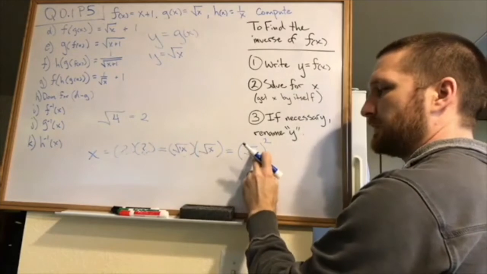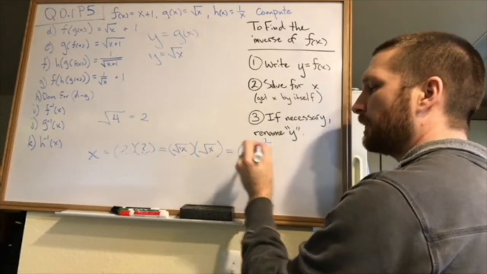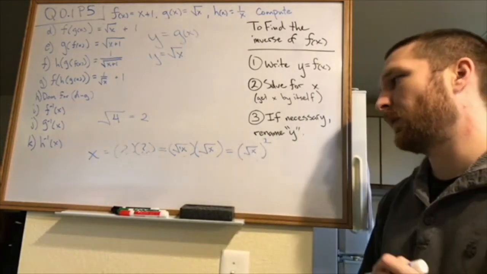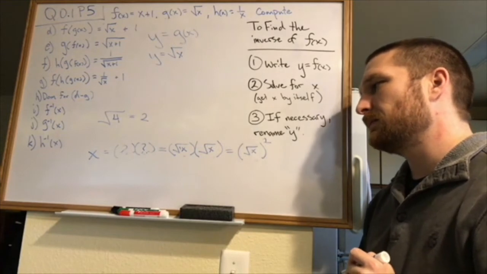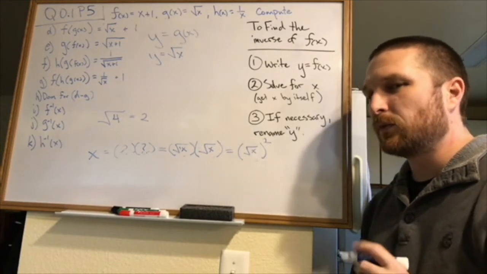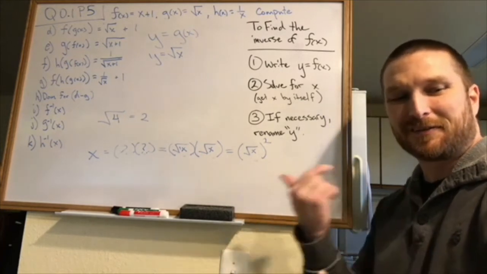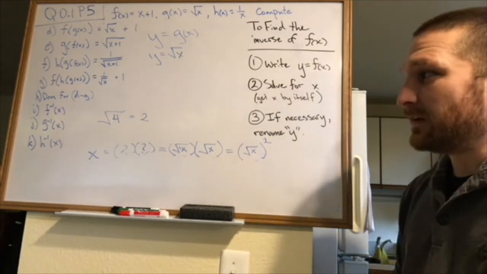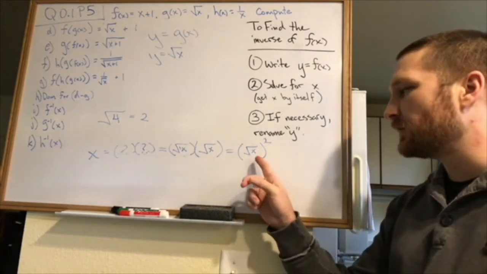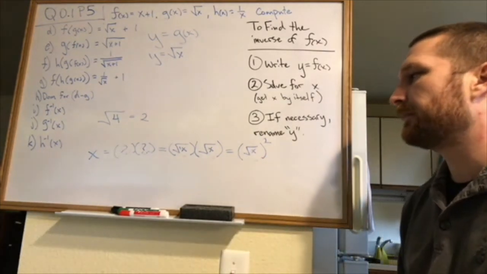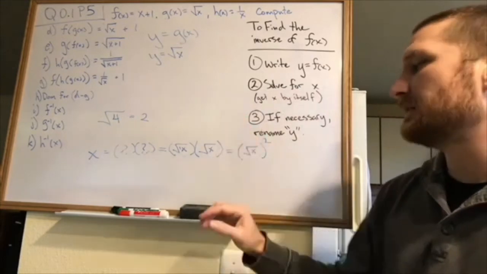Just in symbols, this is all I'm saying. Just by the way we've defined square root, you may not have been aware of this, but you've defined it as an inverse function already. The inverse of a function that you're familiar with, which is take something and square it. So we're about to see that that's the case.